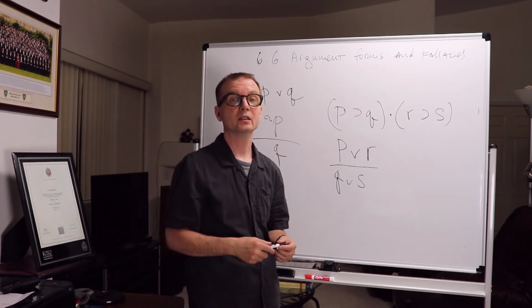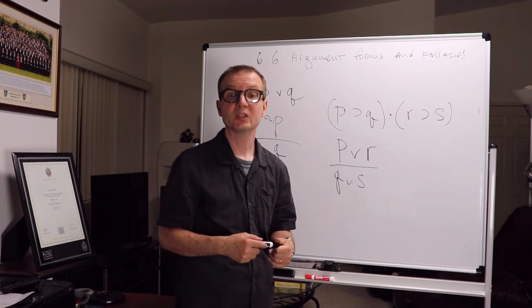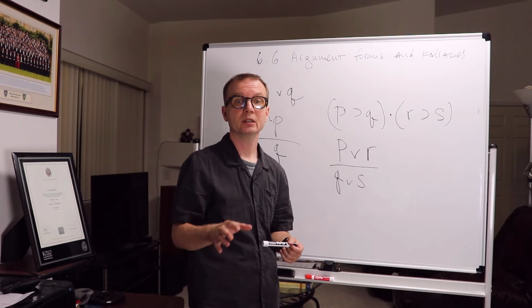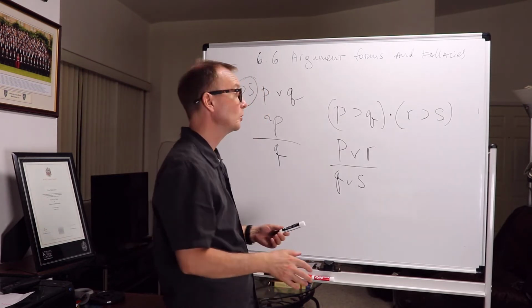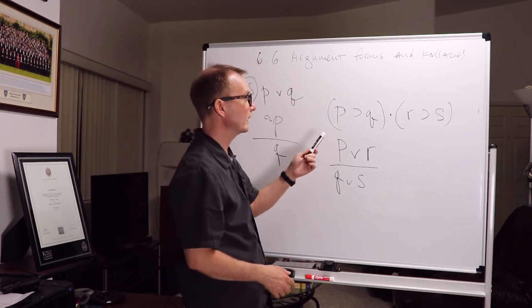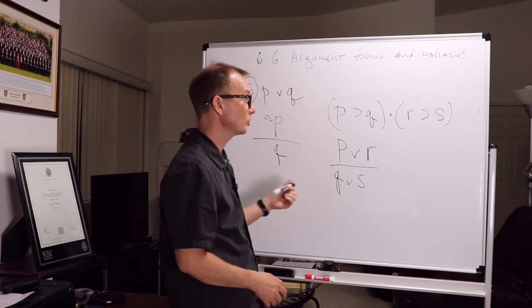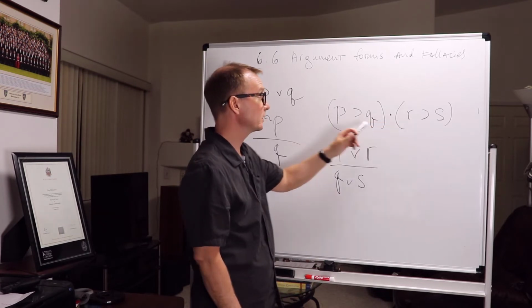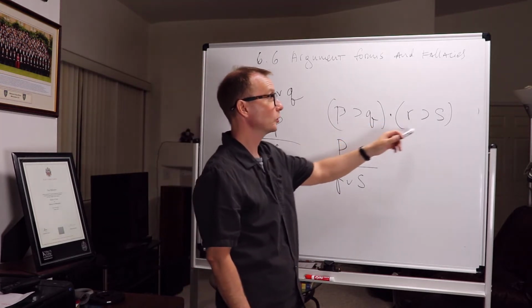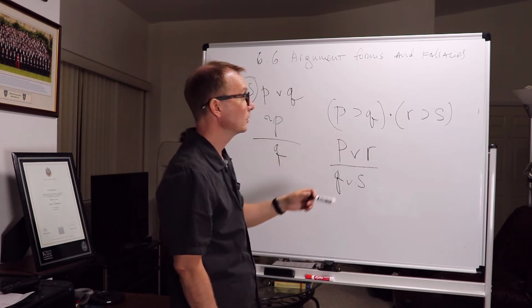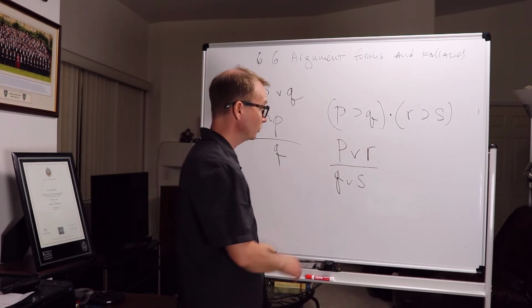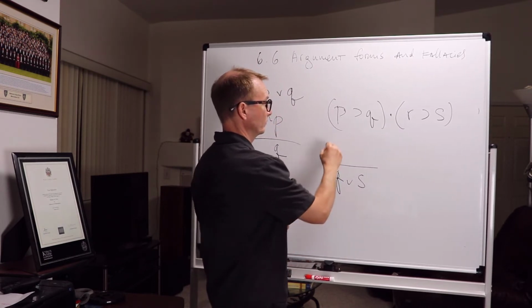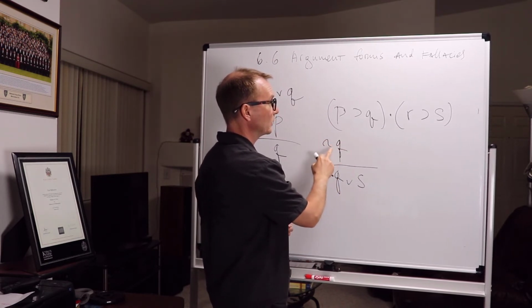Now, similar to that, destructive dilemma. Destructive dilemma is a very, very similar principle, except now we are using another rule we just learned. So instead of going with the antecedents, and therefore it would have to be one of the consequents, you go with the denial of two consequents.